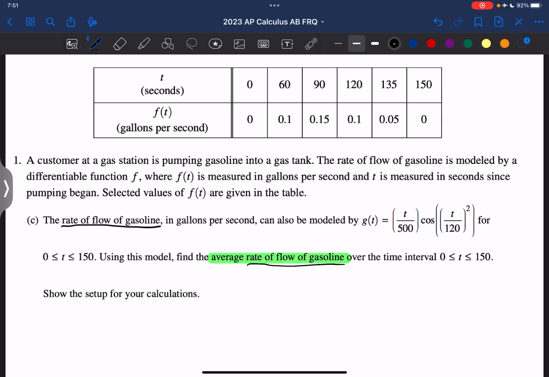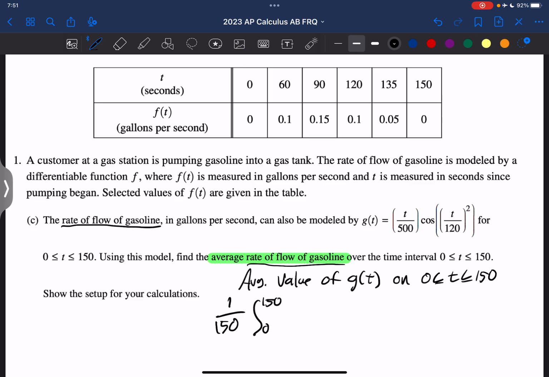So what this is saying is that we want the average value of g of t on the interval 0 less than or equal to t less than or equal to 150. So we write our integral 1 over 150, the integral from 0 to 150, g of t dt.